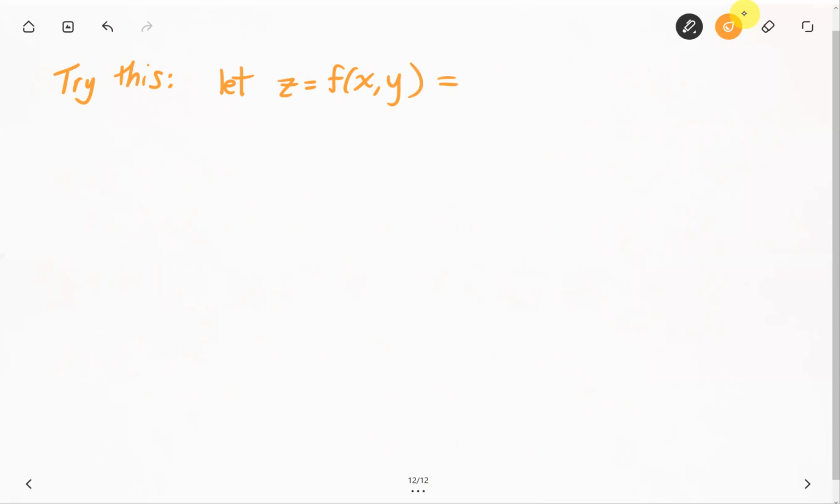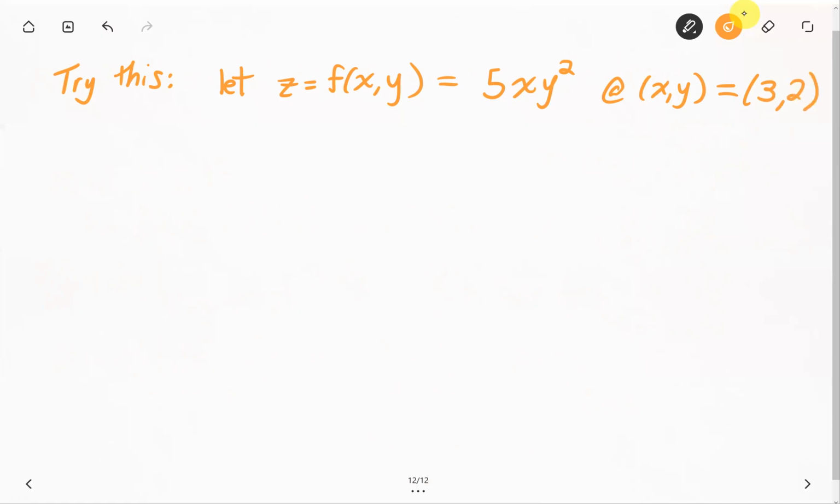Something that's not too bad. Let's make this 5x y squared. And let's say this is at the point where (x, y) equals, I don't want to make the numbers too big, (3, 2).